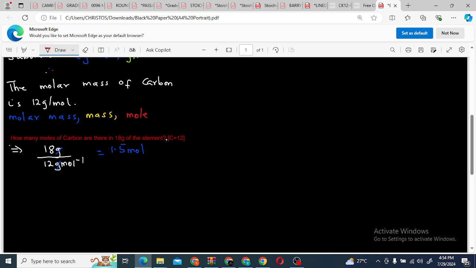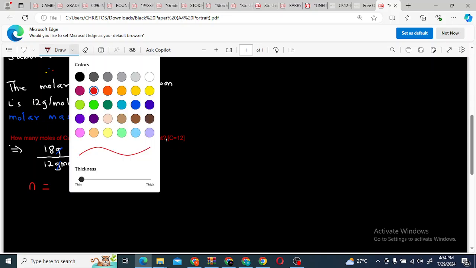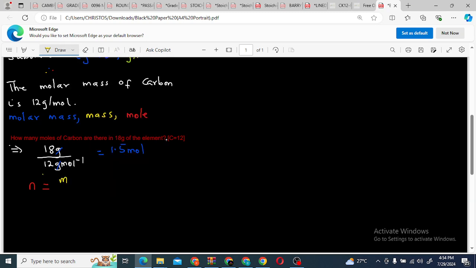So in establishing a relationship between molar mass and mole, we would want to write number of mole is equal to, because in these calculations where we did some divisions, we divided the mass by the molar mass to find the number of mole. So the number of mole is equal to what? The mass divided by the molar mass.